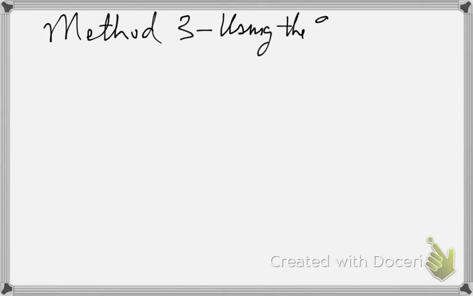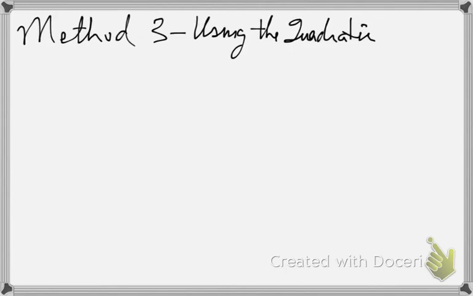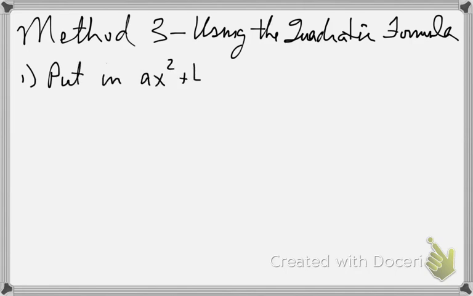Now we have method 3, using the quadratic formula. First step, put in that standard form. Right? That standard form is always a good first way to start out. ax squared plus bx plus c equals 0.